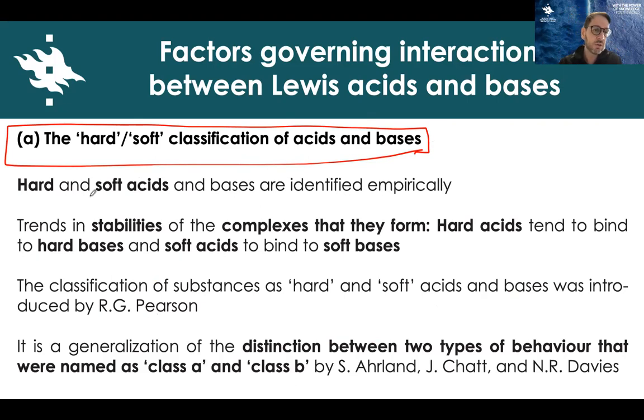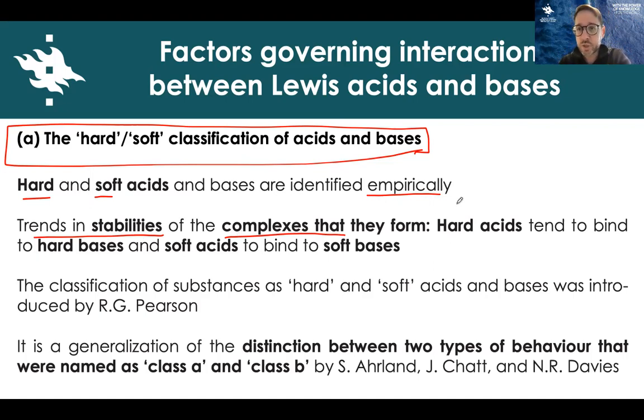So these definitions of acids into hard and soft species are totally empirical. And this is based on the measured trends in stabilities of the acid-base complexes in the Lewis framework that they form.